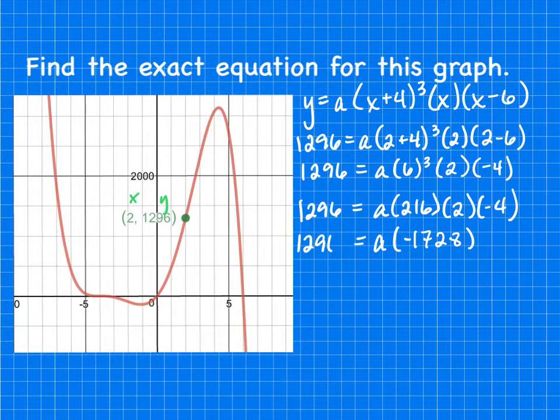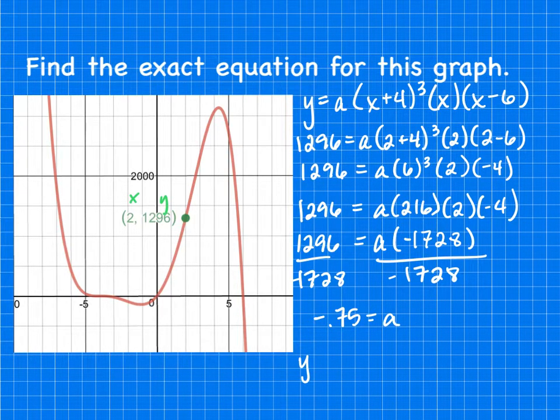So 1296 divided by negative 1728 is a negative 0.75, or negative 3/4.